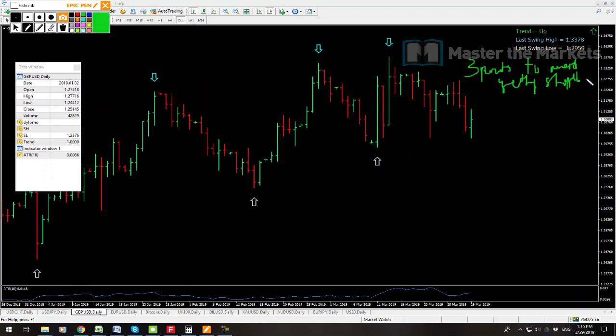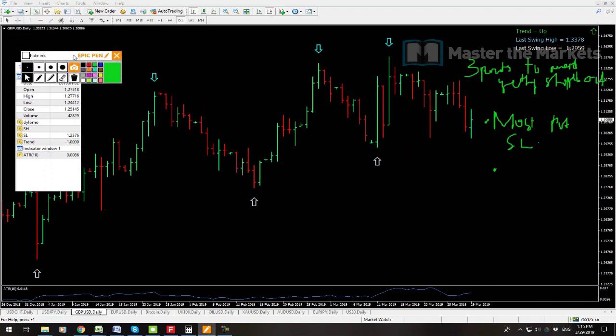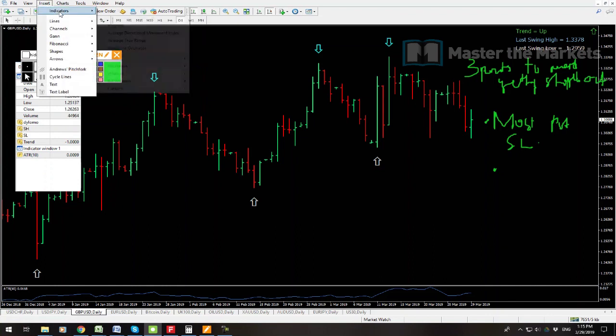Now, the first point I would say that you should be taking a look at is the first question to ask out of the 3 points: where do most traders put their stop losses? That's the first question you've got to ask yourself. As you know, one of the most common points where traders put their stop losses is moving averages, is it not, traders?